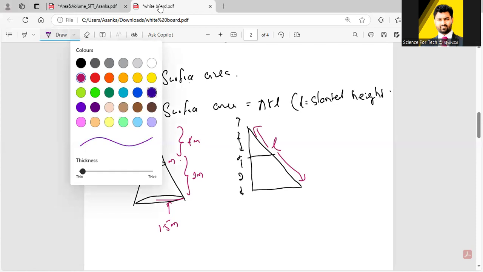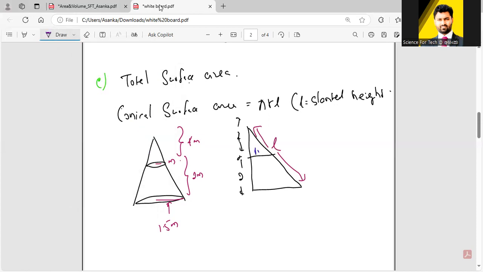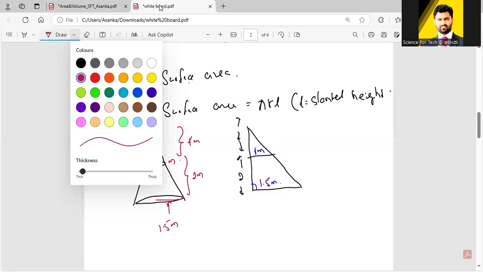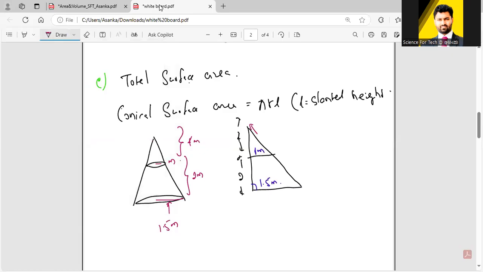Here it is 1, here it is 1 meter, here it is 1.5 meters. By using the Pythagoras theorem, you can find this one. I'm going to name from here to here L1, and from here to here L2.